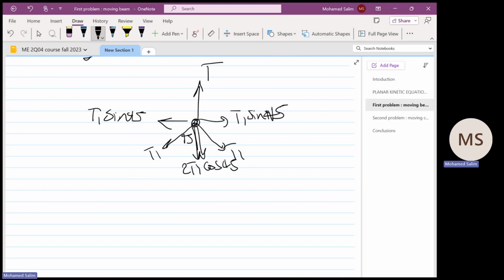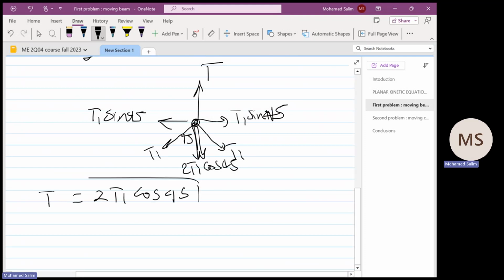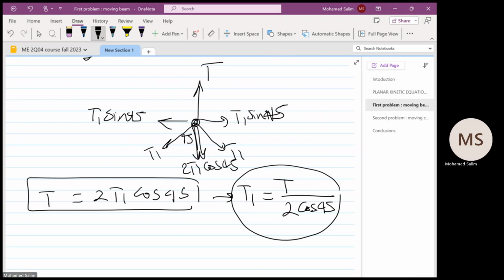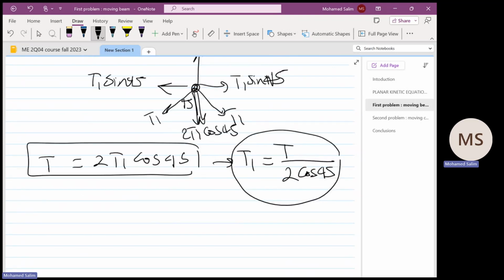So from your equations, T is equal to 2T1 cosine 45. So T1 will be T divided by 2 cosine 45. So once you know the tension in your system, divided by 2 cosine 45, you will get the tension in the other parts.